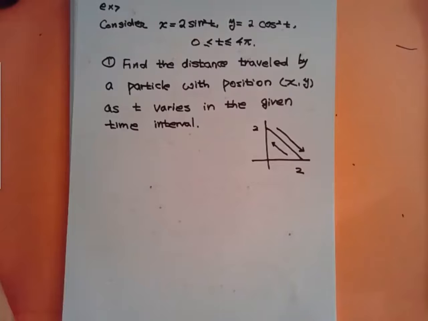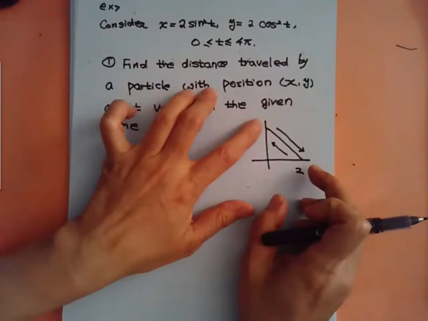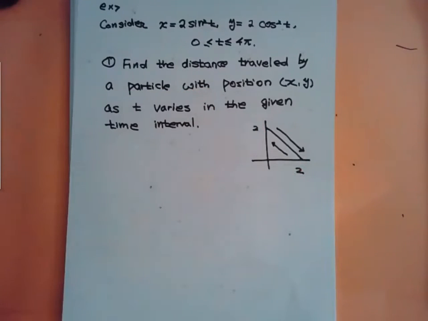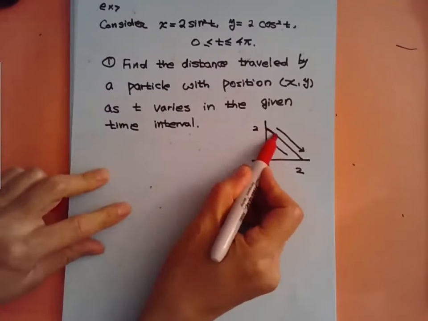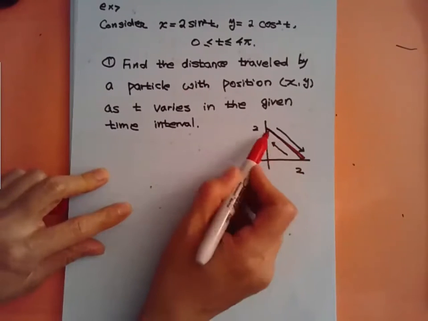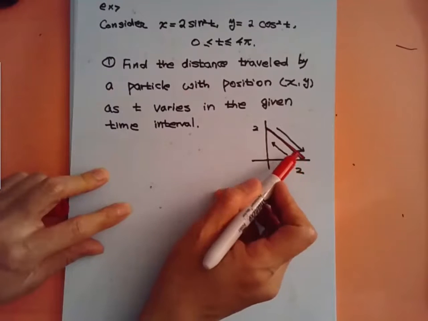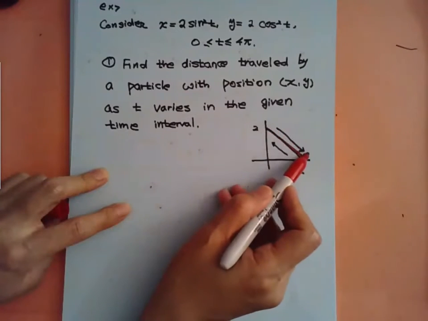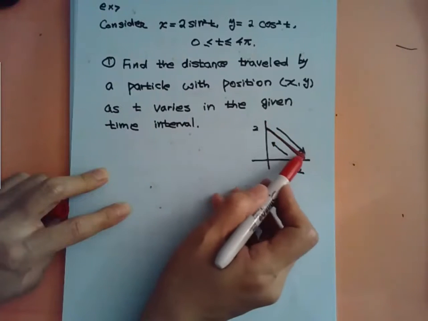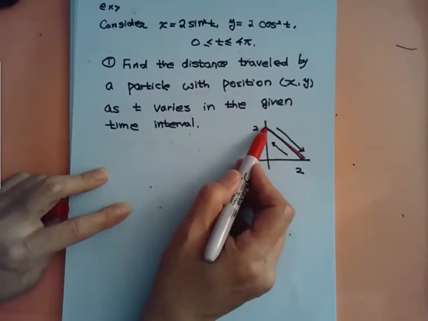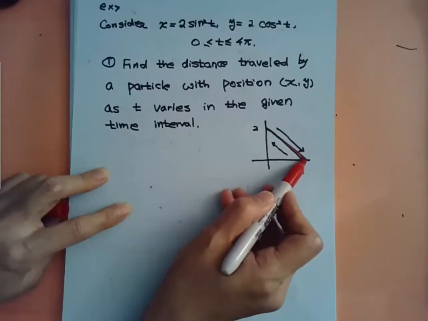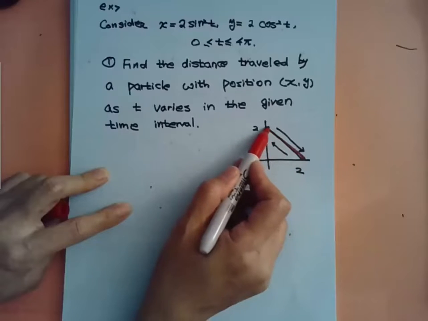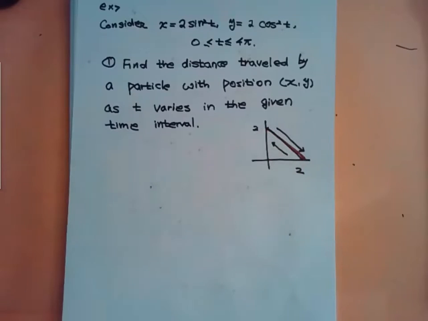So the meaning of this question is we don't calculate this line segment's length. That is not the arc length we are looking for. What we are looking for is the distance traveled by the particle. It can go up to here and then go back, and then the distance will double.